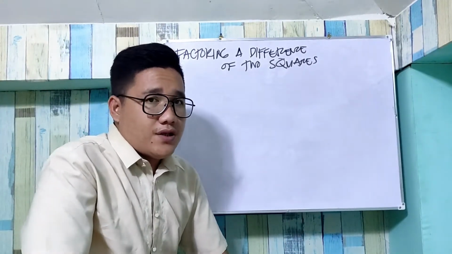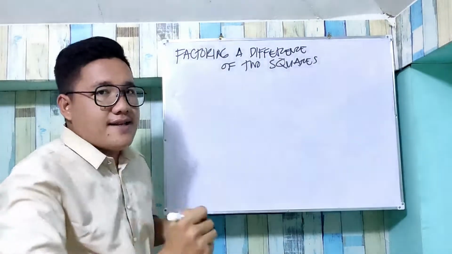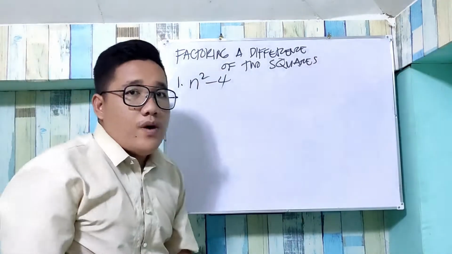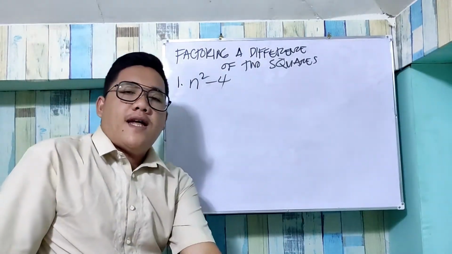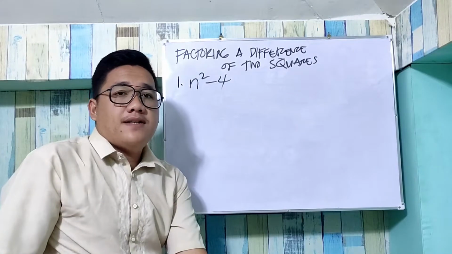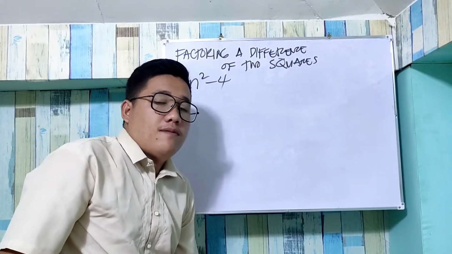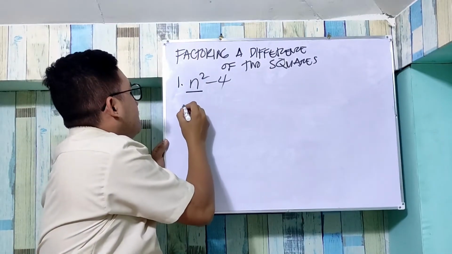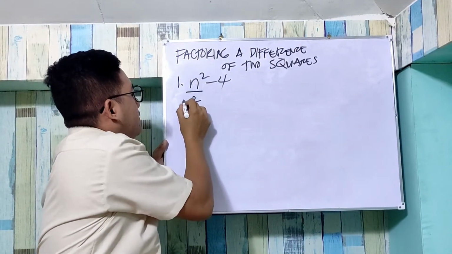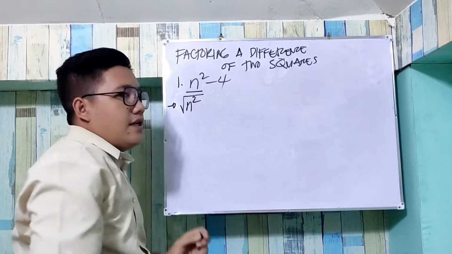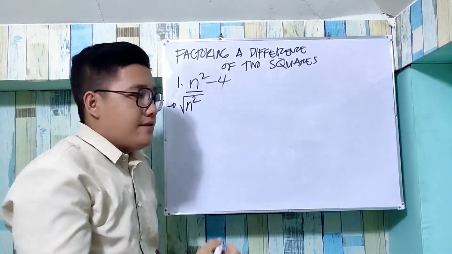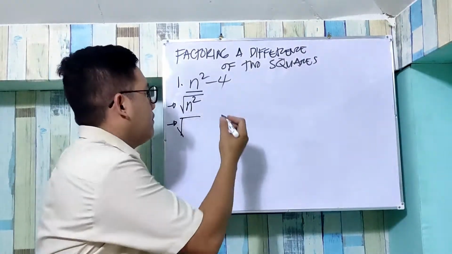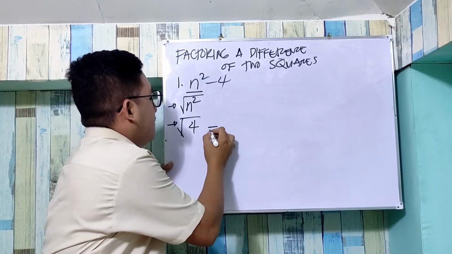So let us now factor. Number 1, yung kaninang example natin. What is the first step? Step 1, we're going to get the principal square root of each of the two squares. So, say for instance, we have n squared, square root of n squared, and square root of 4.